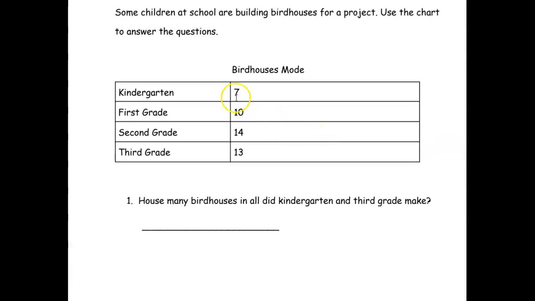Okay, so here we can use the mental math method. Let's see. 7 is clearly in the ones place, and the ones place of 13 is 3. Let's first add 7 plus 3. What does that equal? If you said 10, you are correct.